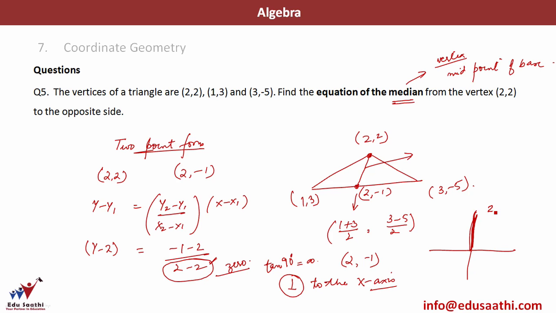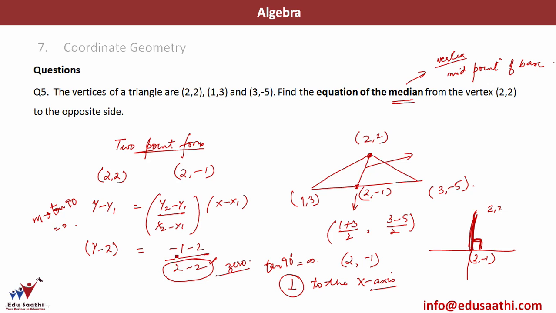This point is 2, 2. This point is 2 and minus 1. This is exactly a line which is making an angle of 90 degrees. So if the angle is 90 degrees, the slope would be coming out to be, what? Tan of 90, which would be undefined.